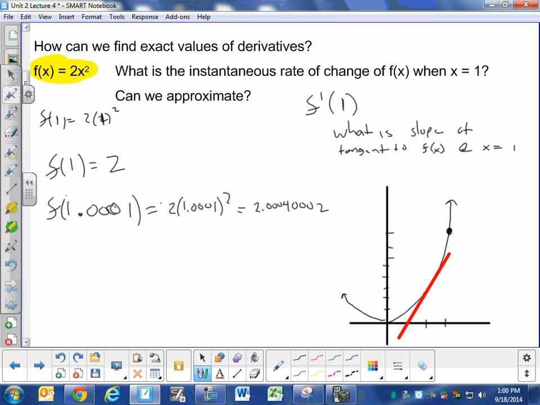Slope formula, right? We're going to use the slope to get a good approximation of my slope. I got a point right here. It's even closer than this. And a point right here. Let's find the slope. So this value minus my other function value over b minus a.